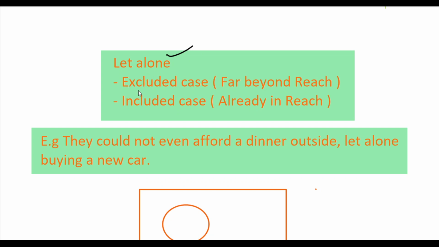In one case, it is used as an excluded case, in which, in simple words, you can say something is far beyond reach. And in its included case, something is already in reach. And "let alone" is probably in simple terms also used as something which is obvious, or this can't happen, or this is already the case, something to this effect.